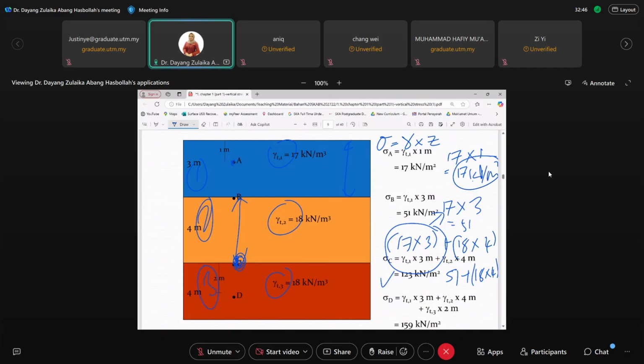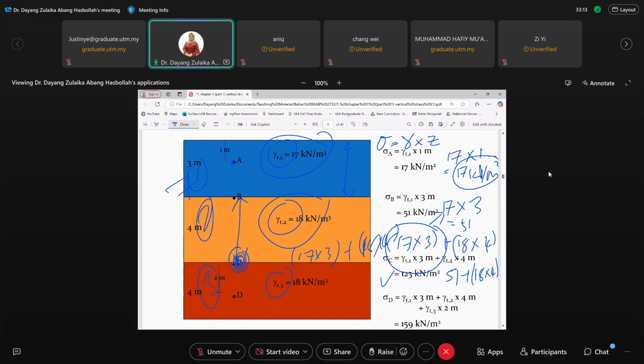Point C from the surface is 7 meters, but the unit weight is not the same. That's why you have to do it one by one: 17 times 3 plus 18 times 4. That is your stress for point C.